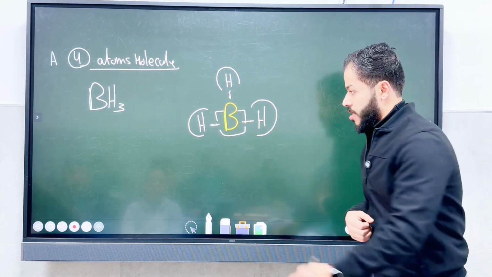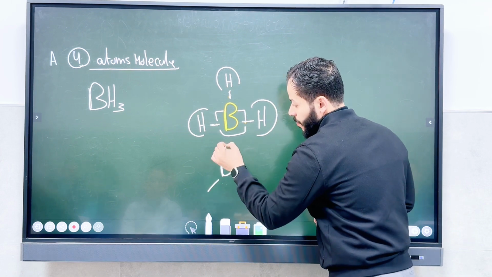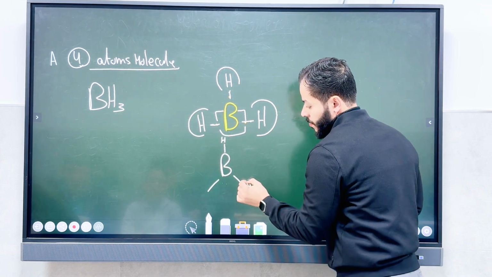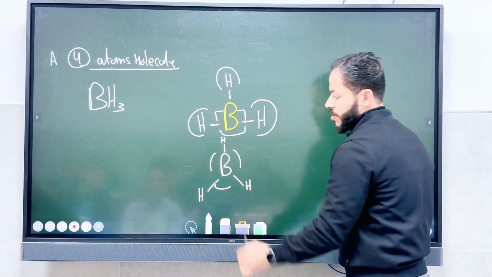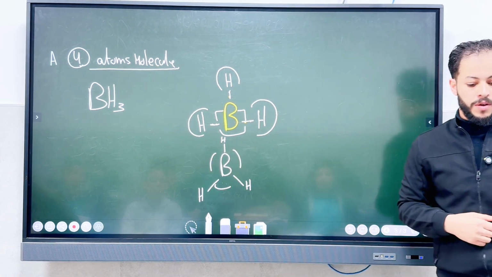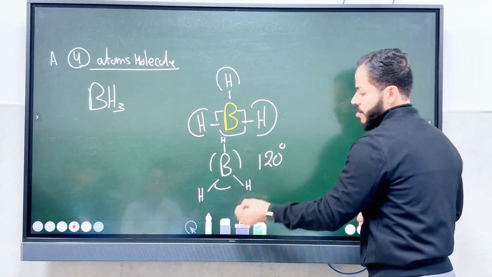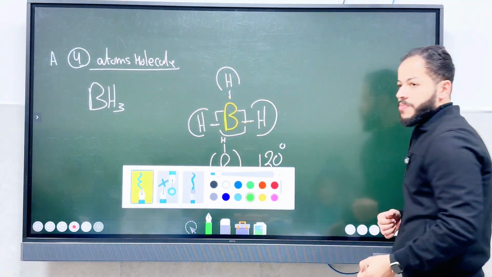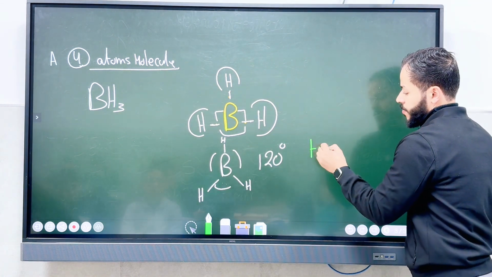The boron bonds will form 3 equal angles, 120 each, and we name this shape trigonal planar.